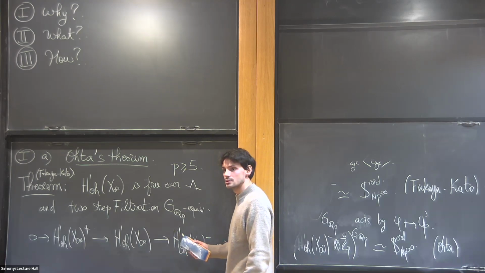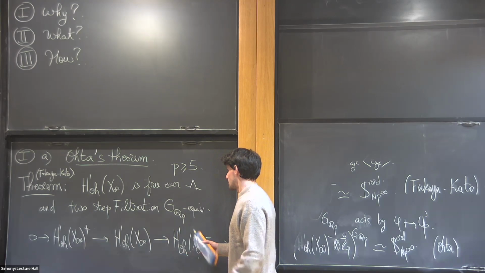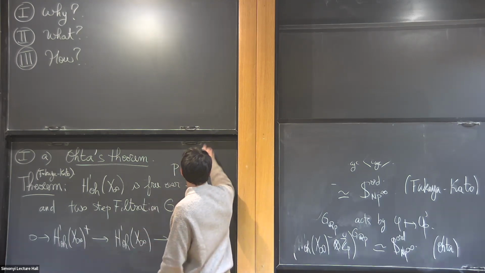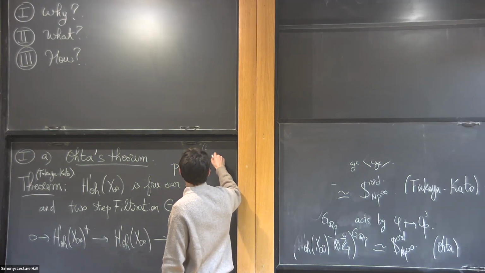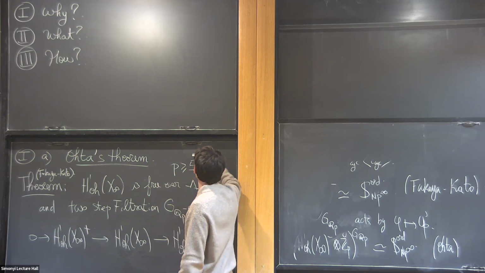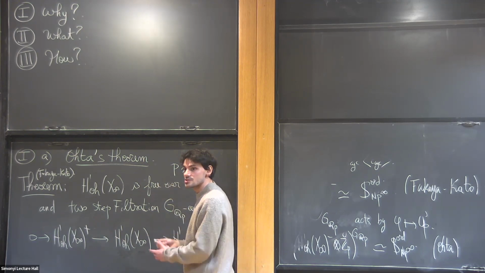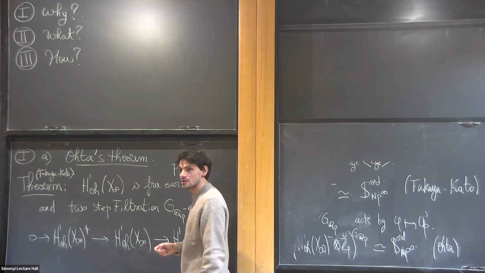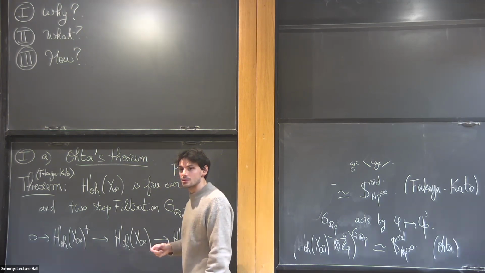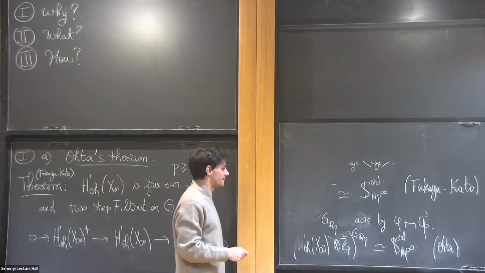And do you know what this map is? Let's say you project to some weight, say weight 2. It's not split in general. But I was just wondering, in terms of this description, what is this map?